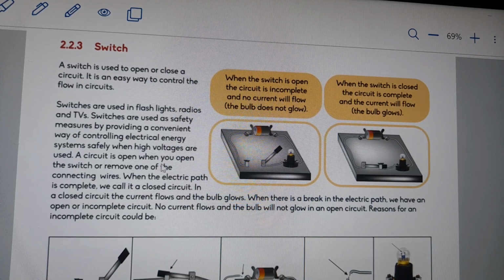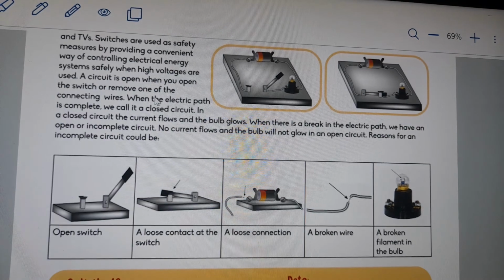A circuit is open when you open the switch or remove one of the connecting wires. When the electric path is complete, we call it a closed circuit. In a closed circuit, the current flows and the bulb glows. When there is a break in the electric path, we have an open or incomplete circuit.